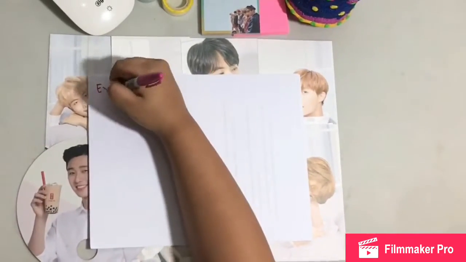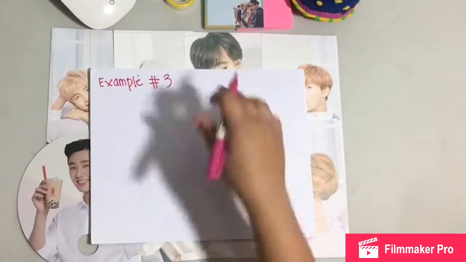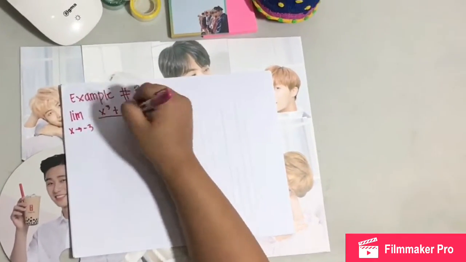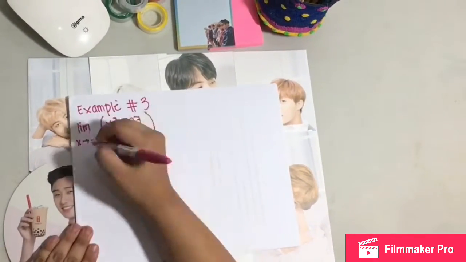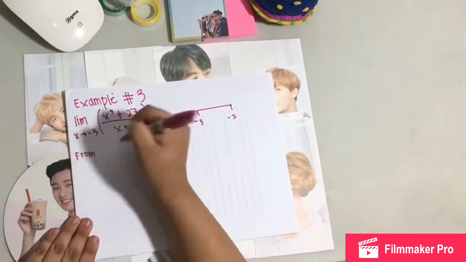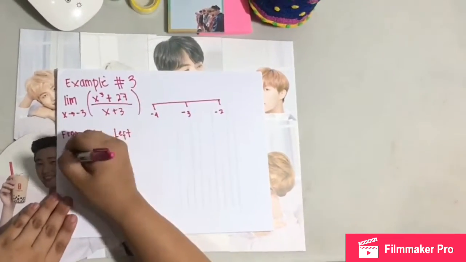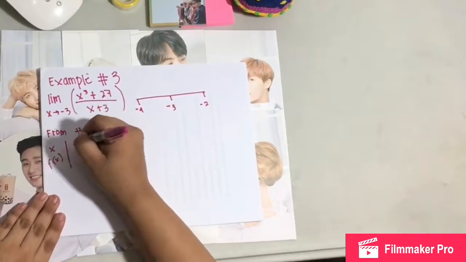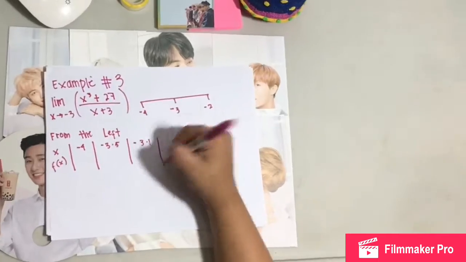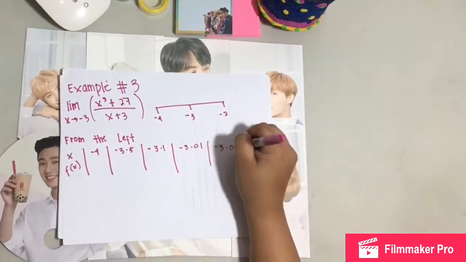Example number 3 and the last example. Finding the limit as x approaches negative 3, like example number 1 and example number 2, we are gonna find the left side limit and the right side limit. Coming from the left side, we need values that are slightly lesser than negative 3.